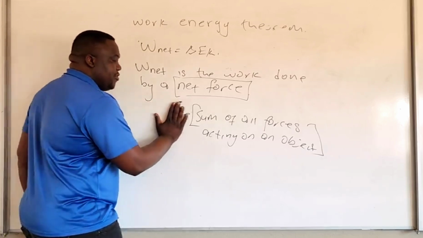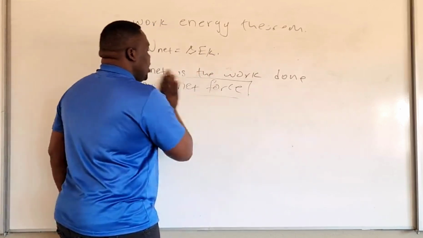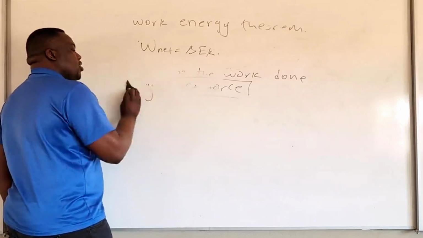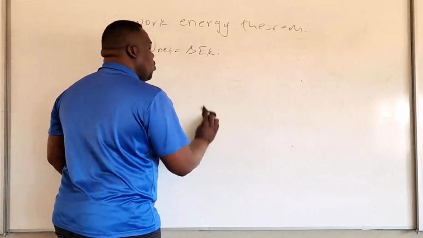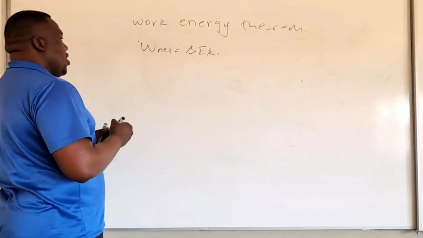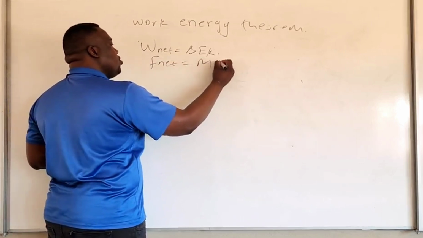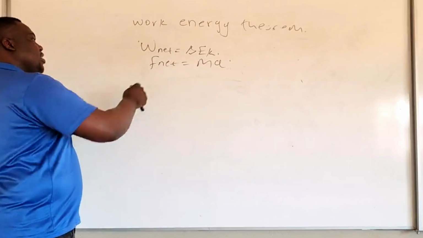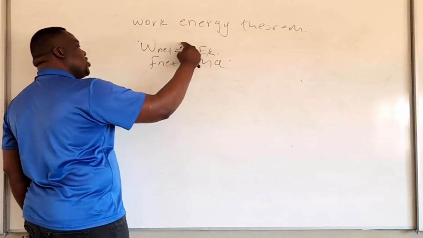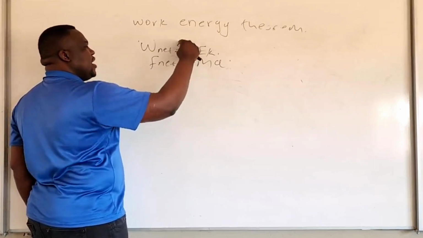Okay, let me move into more details on work net. What is happening with work net? We know a formula which says that F net is equal to the product of mass and acceleration. These two formulas, the work energy theorem and the F net, are related.